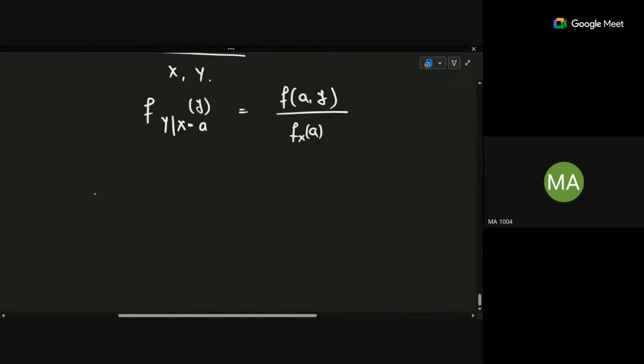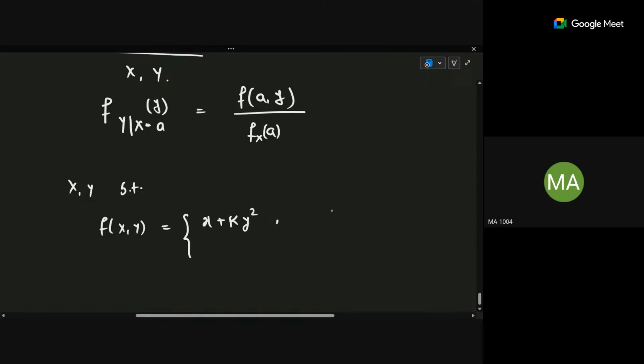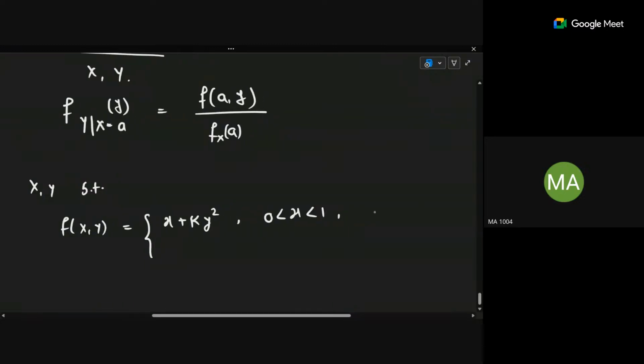There are random variables x and y such that their joint density is given as x plus k y square, where x is ranging between 0 to 1 and y is ranging between 0 to 2, and 0 otherwise.